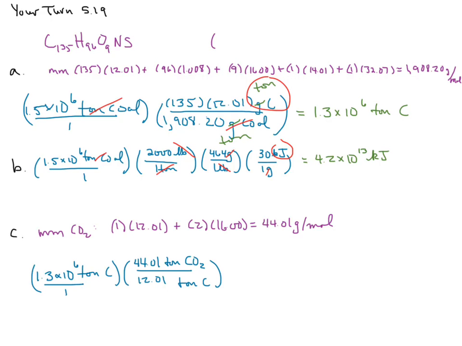And I got that from the molar mass. I hope that works for you. So if it works for you, then tons of carbon cancel, and actually it's totally legitimate. Tons of carbon cancel, and we're left with tons of carbon dioxide. And rounding again to two significant figures, looks like I have a typo here. I can fix that. You're looking at 4.8 times 10 to the 6th tons of carbon dioxide.